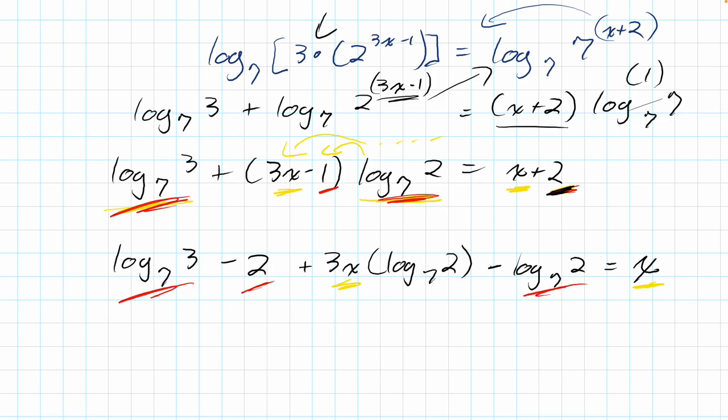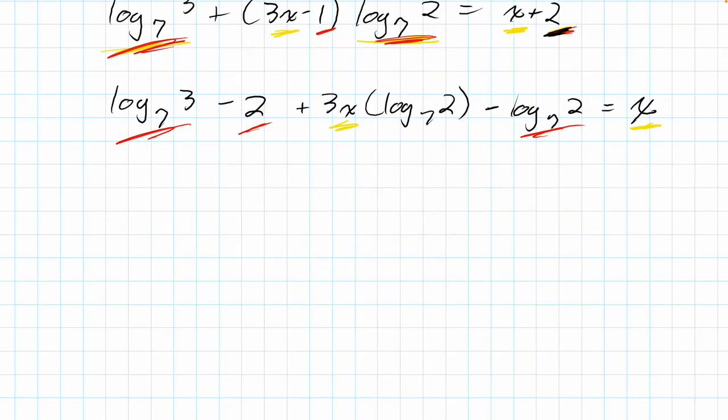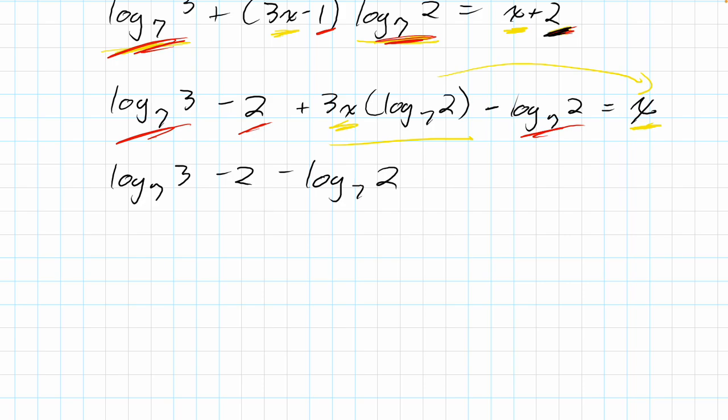So we still look again, variable, variable, everything else is constants. I could plug them into the calculator. I'm just leaving them as is, as if I'm moving blocks around a page. That's essentially what it is. I need this to be on the other side so that my x's are together. So we leave our stuff in red here, log base 7 of 3 minus 2 minus log base 7 of 2. Okay, and actually we can do a little bit of, I'm going to redo part of that.